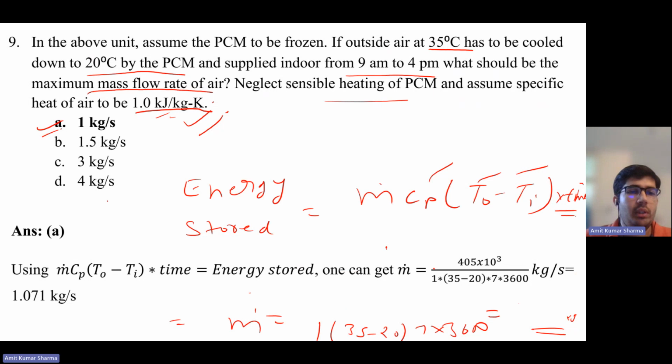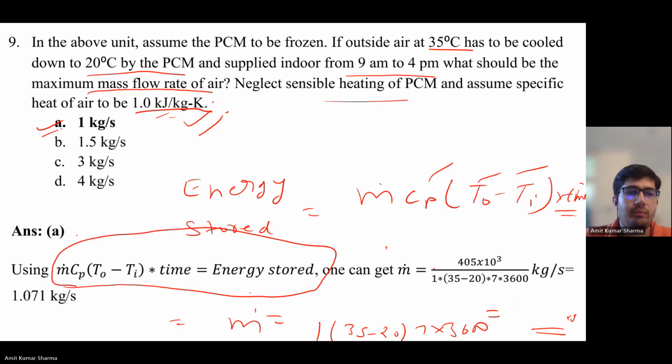Using the equation m Cp (T naught minus Ti) into time equals the energy stored, m will be 405 multiplied by 10 to the power 3 upon 1 multiplied by 35 outdoor temperature minus 20 indoor temperature multiplied by 7 into 3600, the time in seconds. So it will be in kg per second. The answer is 1.071. The correct option is option A, 1 kg per second, the nearest answer.